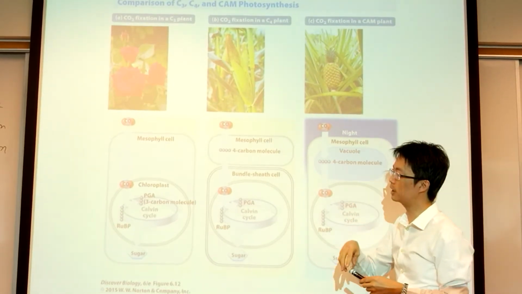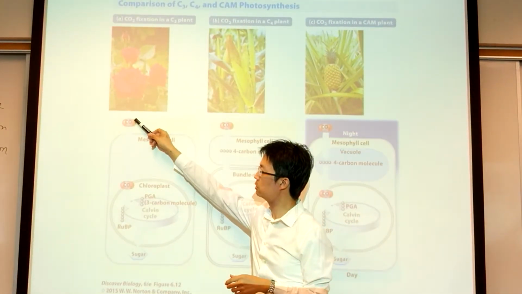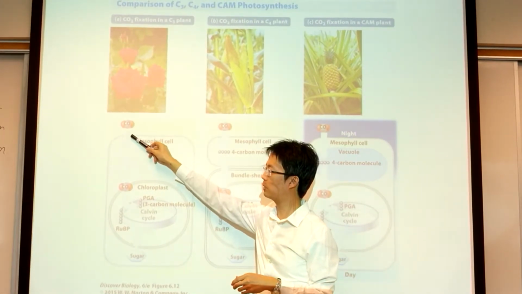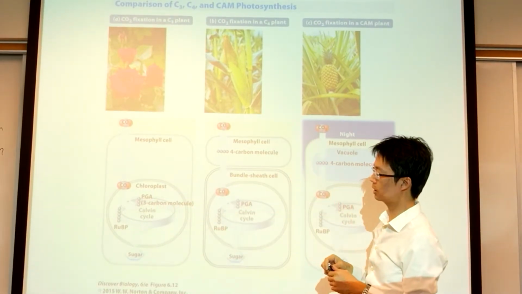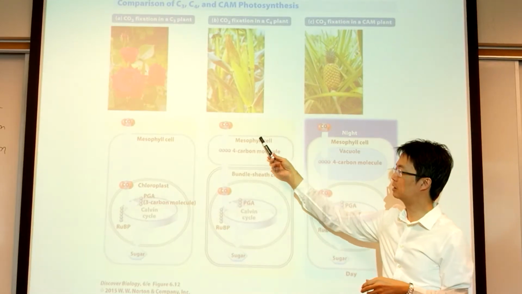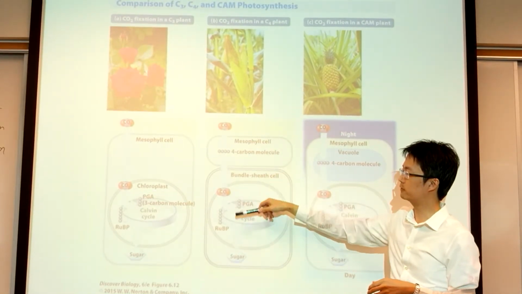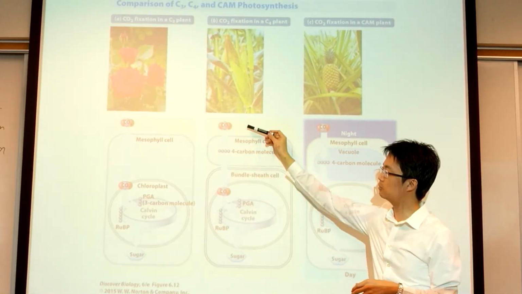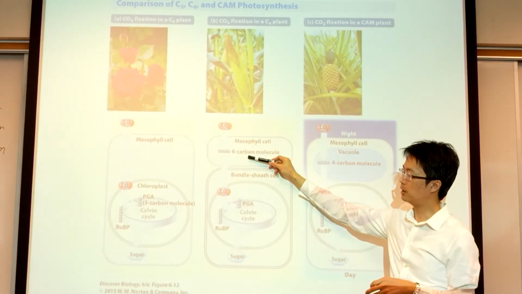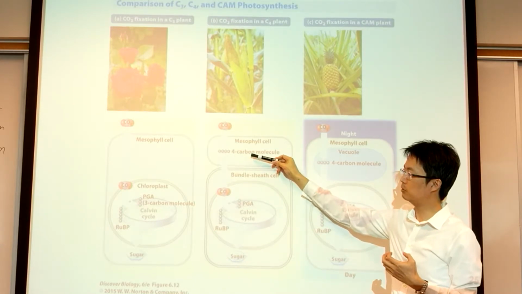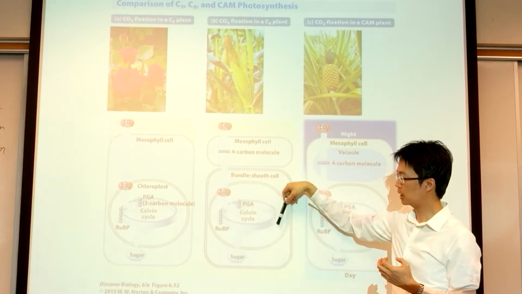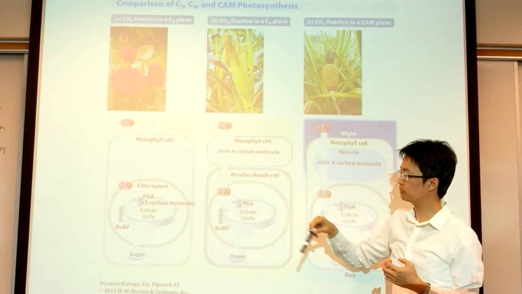So the difference is that in the C3 plant, you take the carbon dioxide directly from the atmosphere, going through the stomata, to do the Calvin cycle. But in the C4 plant, you have a mesophyll cell and a bundle sheath cell. The mesophyll cell will take the carbon dioxide and convert it into a 4-carbon molecule as storage. Then it will be converted back into carbon dioxide to do the Calvin cycle in a different cell.